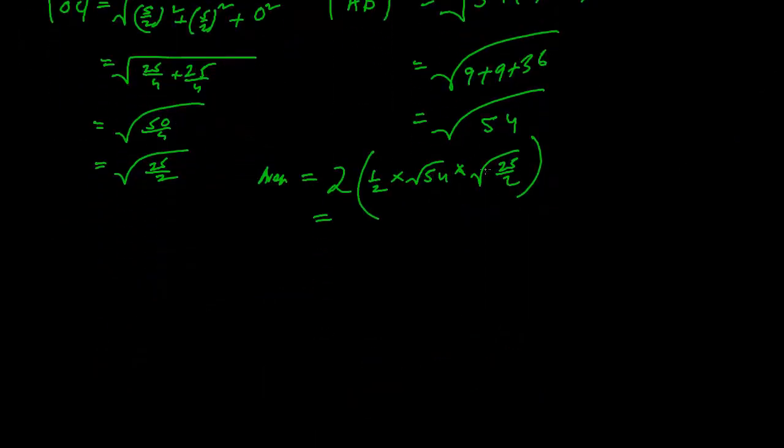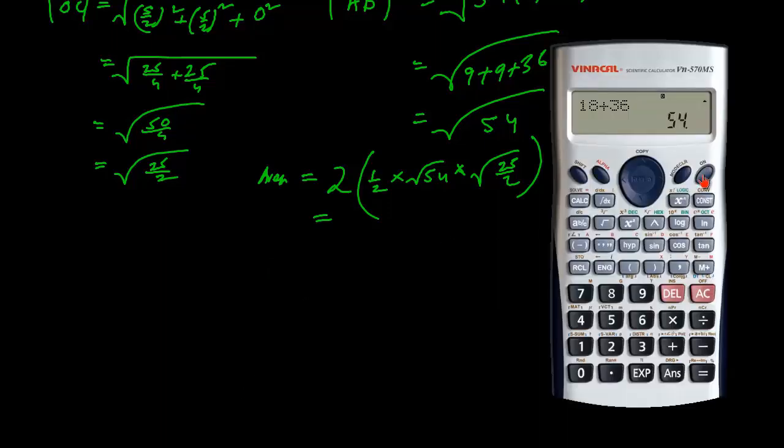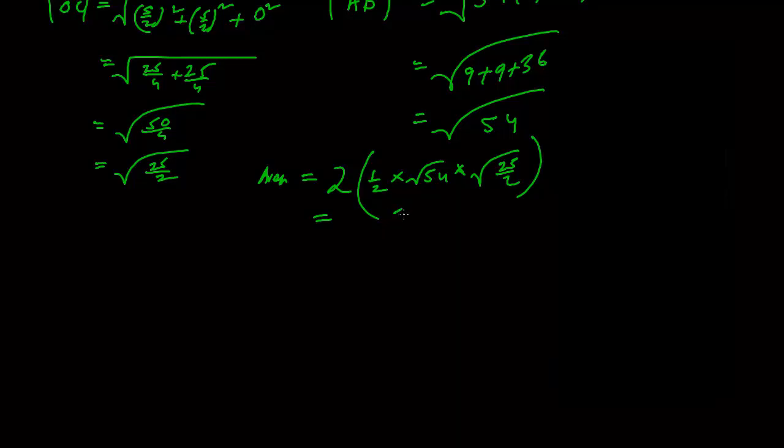So it would be the square root of 54 into the square root of 25 by 2. So let's find the square root of 25 divided by 2 multiplied by the square root of 54, and this is going to be 25.98.